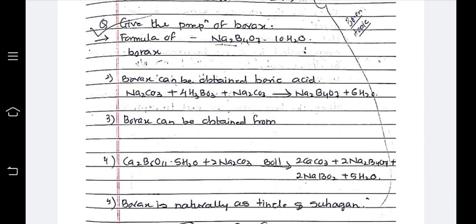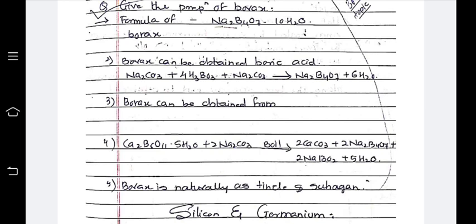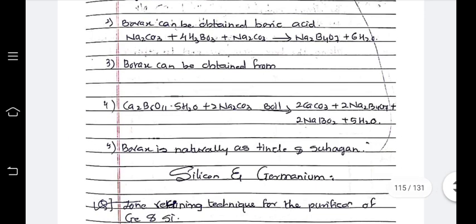Next is the preparation of borax. The formula of borax is Na2B4O7·10H2O, with 10 molecules of crystallization. Borax can be obtained from boric acid: 4H3BO3 plus Na2CO3 gives Na2B4O7 plus 6H2O.